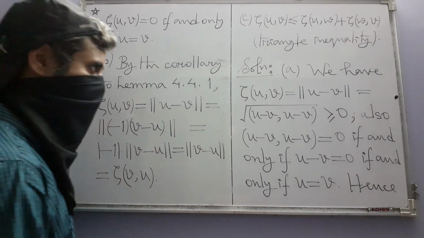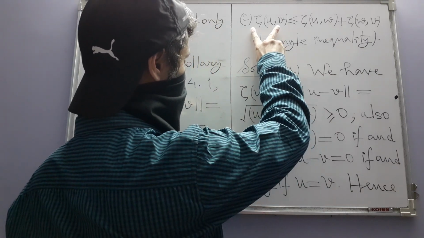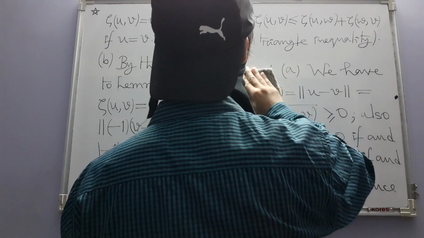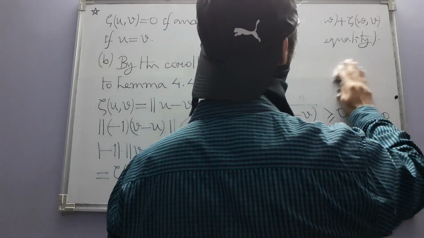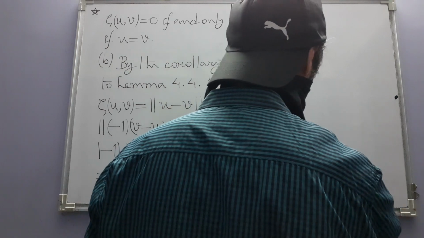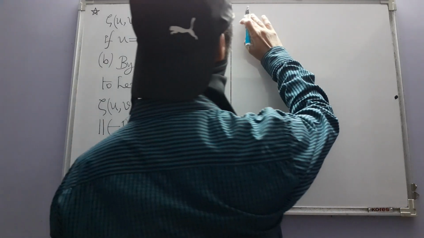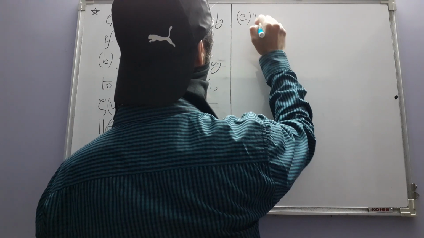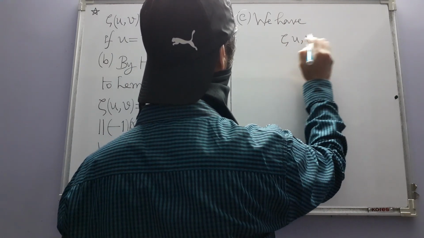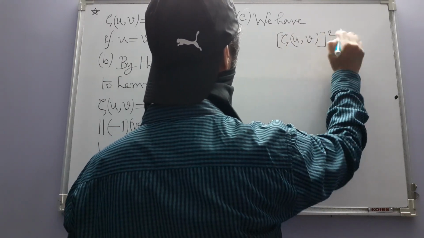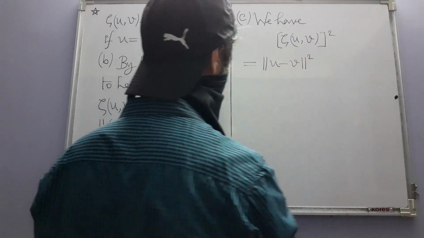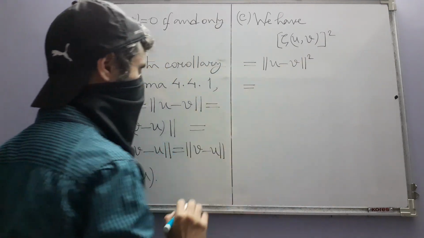And next, part C. To establish part C, we calculate the square of this zeta of u comma v. We have this square equal to this by definition. Okay.